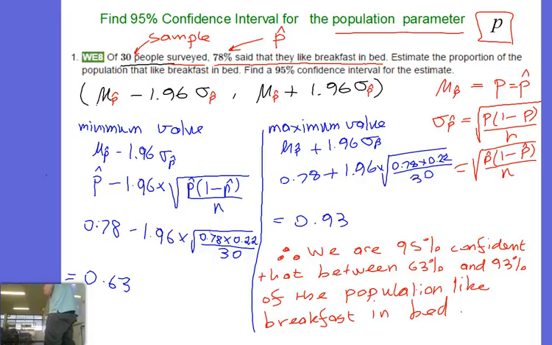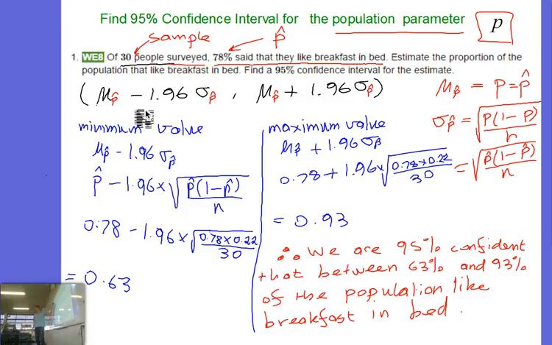Does that make sense? The only way you can know for certain the true proportion of the population that like breakfast in bed is to ask every single one. You've got to conduct the census. That's what the Australian government does, and we know how well that works out. They get a lot of money out of that because no one does it.